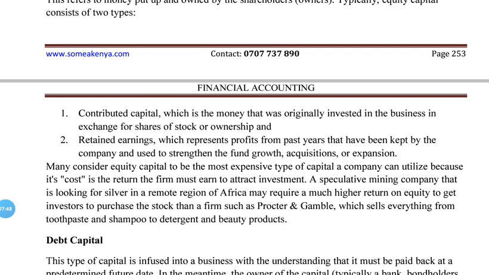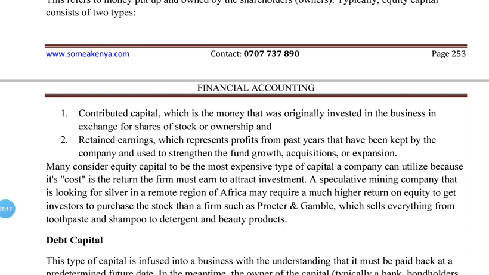So the profit that is being retained by the business, maybe for future utilization. Retained earnings represent the profit from past years that has been kept by the company and used to strengthen the fund, for growth, acquisitions, or expansion.